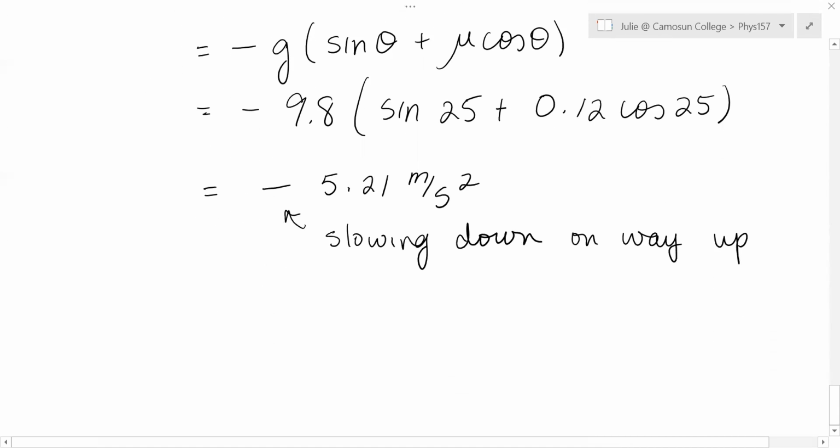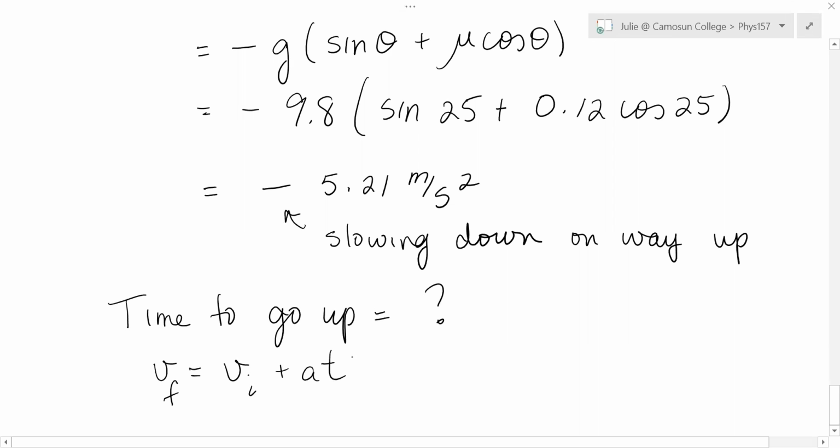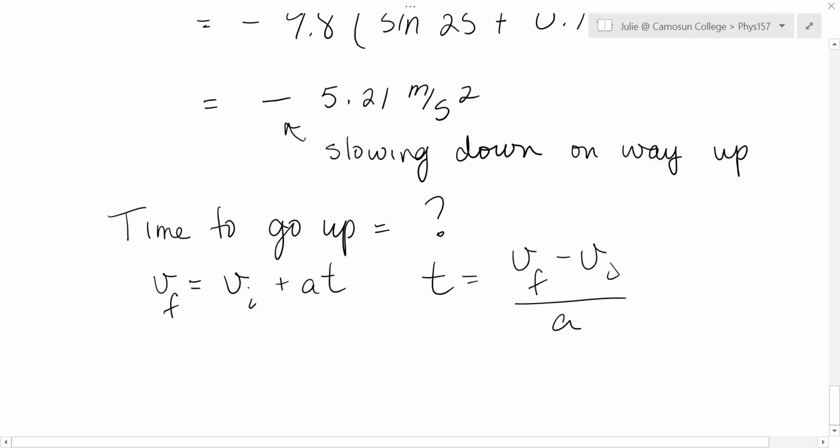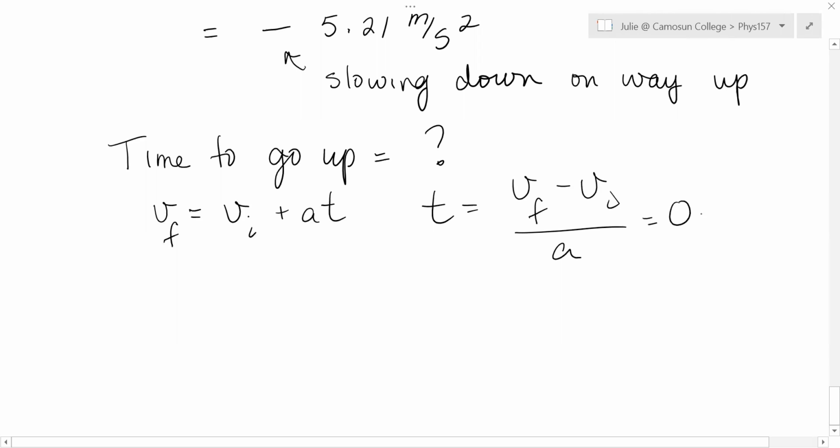Okay, so there's a kinematics question. Remember, we're trying to find time. So time to go up. Well, we've got that vf is vi plus at. So t is vf minus vi over a. vf is 0. It's given an initial velocity of 3 meters per second up the incline.